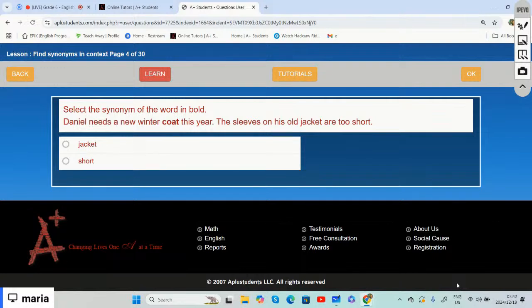Daniel needs a new winter coat this year. Coat. The sleeves on his old jacket are too short. So what is a word that's the same as coat?